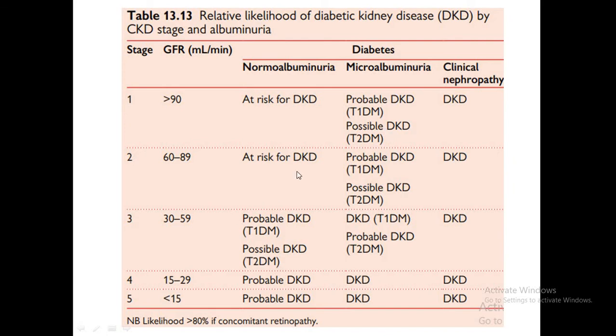And in stage 4 and 5, if you have microalbuminuria or macroalbuminuria, it's all diabetic kidney disease. Even if you have normal albuminuria in stage 4 and 5, you have probable diabetic kidney disease, irrespective of clinical nephropathy or microalbuminuria.